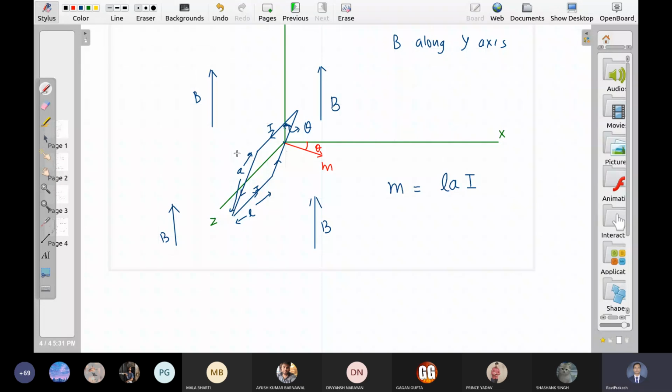Let me use the red color for it. On this top wire, the direction of force is: F is equal to Q times V cross B, right? So I is along positive charges. So charges are moving along the current. So V cross B means this direction along minus x-axis on this wire, along plus x-axis on this wire. What is the direction here?